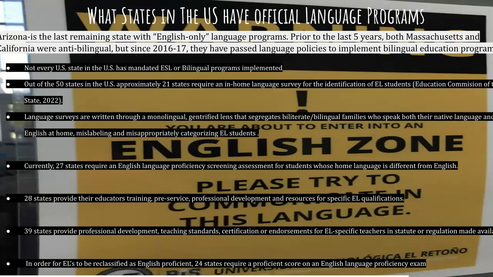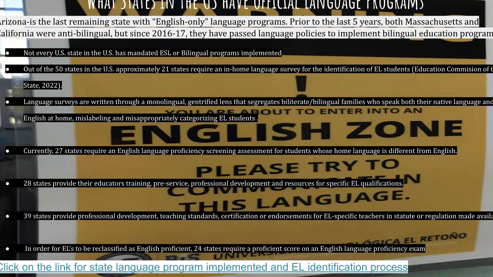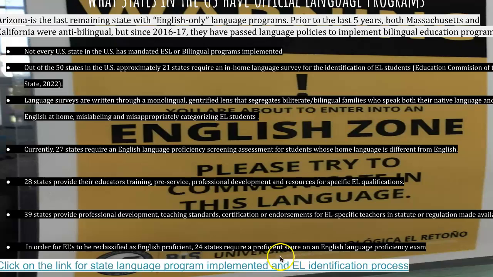I did create an extensive chart, and let me see if I can drag my screen down. I did include this link that I created for all the different state programs for the US, and how they identify ELs and what states are currently operating under which language education program.